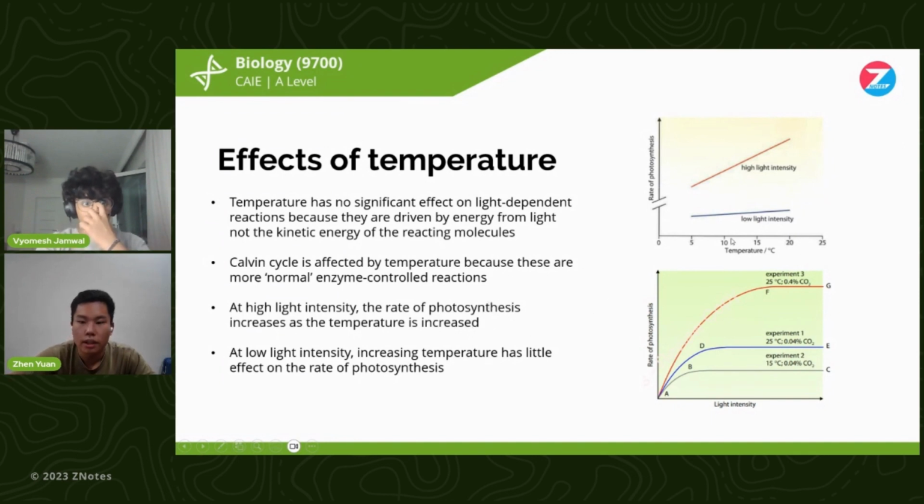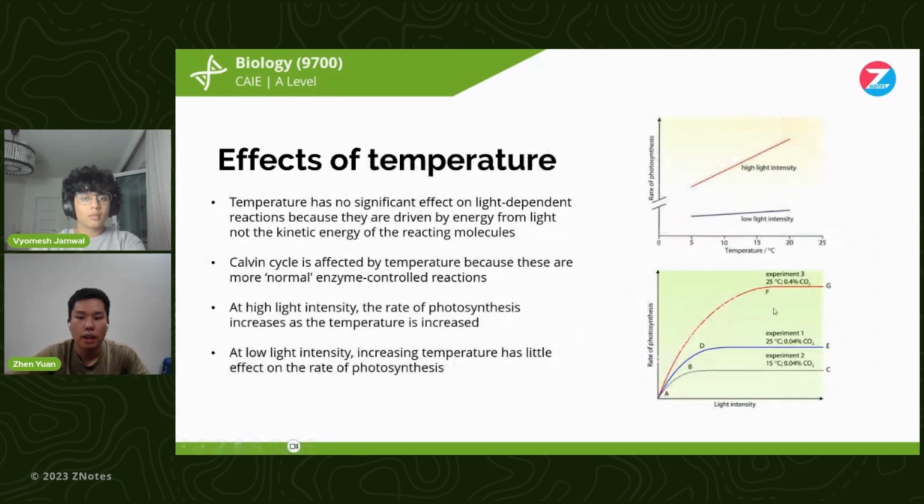You see here, the temperature increases and your photosynthesis also steadily increases, but in requirement of high light intensity. As we said before, any factor can become the limiting factor once it is in short supply. At high light intensity, the rate of photosynthesis increases as the temperature is increased. However, in low light intensity, the increasing temperature has little effect on the rate of photosynthesis.